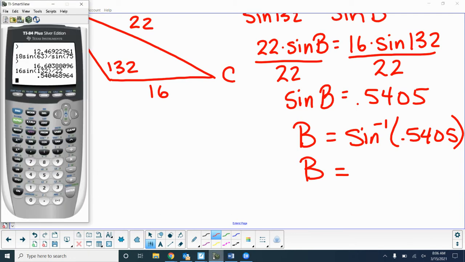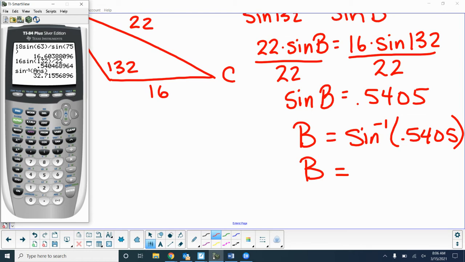We go second sine, and then you hit second, this negative sign down here. That's the answer. It'll plug that whole number in for you. Close it up, and the number I get is my degree measure of angle B. So it's going to be 32.7 degrees.